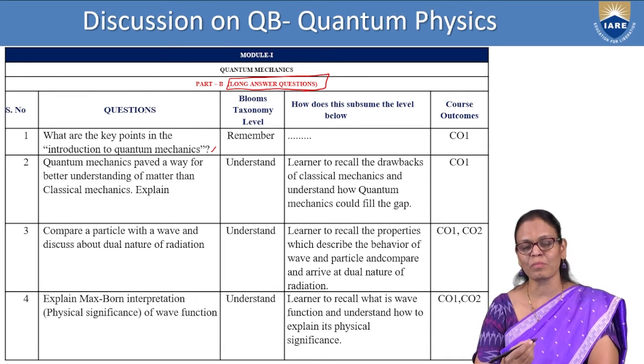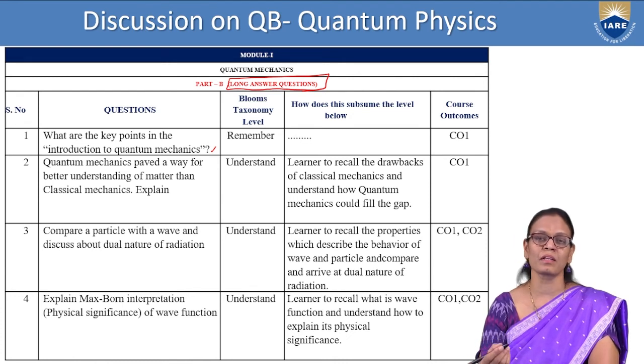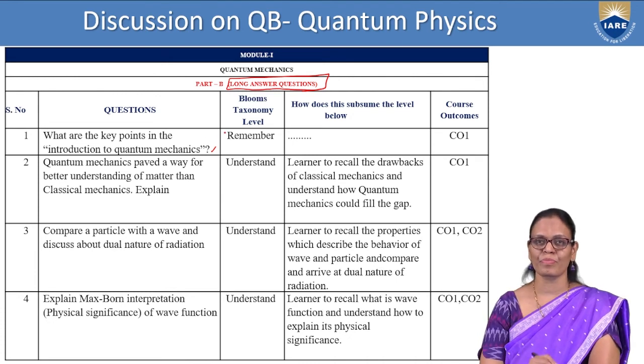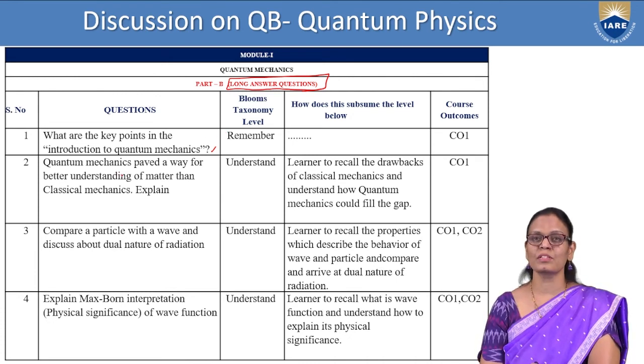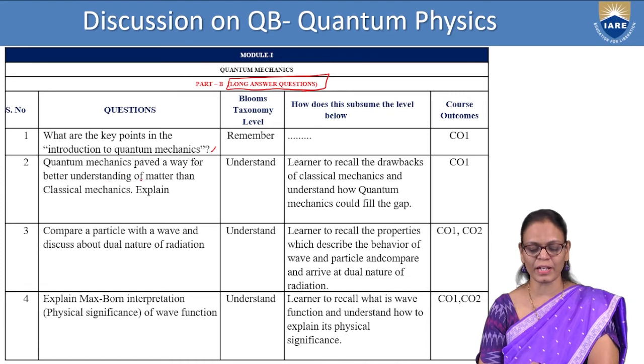And then the black body radiation, the photoelectric effect, and the Compton effect, which helped in strengthening quantum mechanics, which you have to discuss. Then, explain how quantum mechanics paved the way for a better understanding of matter than classical mechanics.